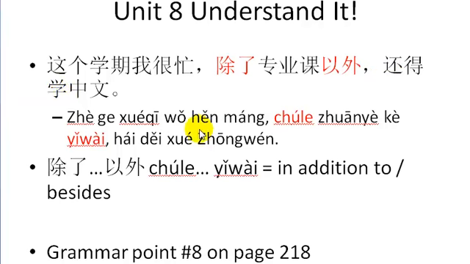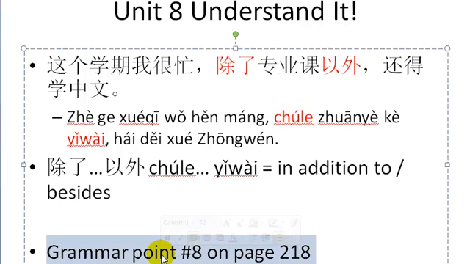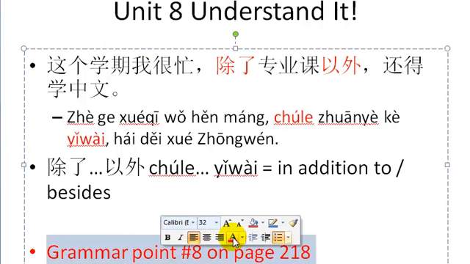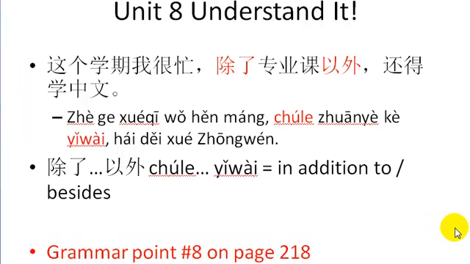So 除了 and then 以外, and in the middle you put what would come after in addition to in English. Take a look at grammar point number 8 on page 218, and it will give you further explanations of this 除了以外.